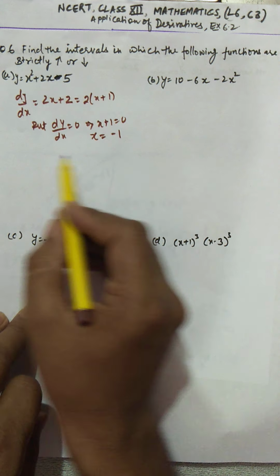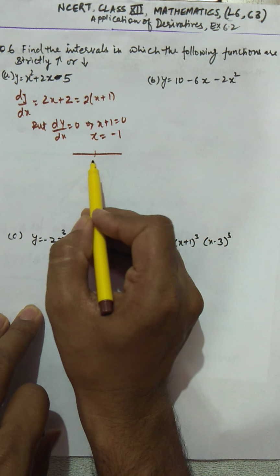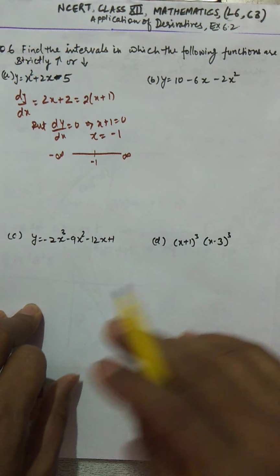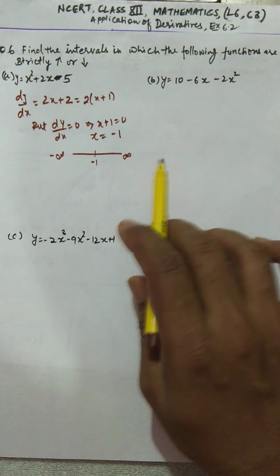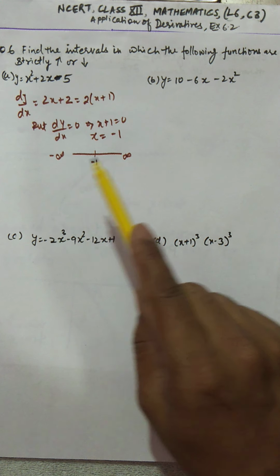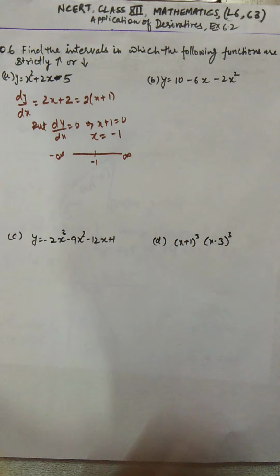We can now see the whole interval. This will take minus 1, with minus infinity and infinity. So the complete number line has been divided into two parts. First part is from minus infinity to minus 1, and second part is from minus 1 to plus infinity.